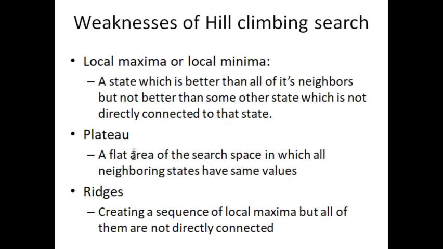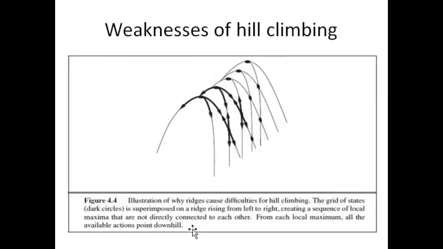In the plateau problem, flat surfaces come up. And the third problem is the ridge problem, creating a sequence of local maxima, but all of them are not directly connected. Just look at this point. There are multiple local maxima points.